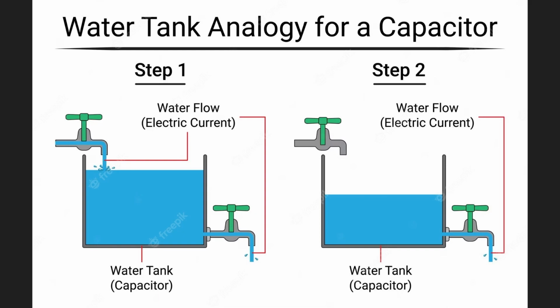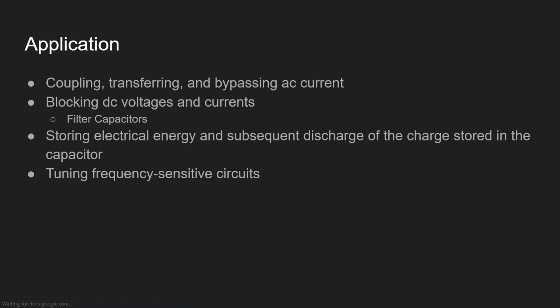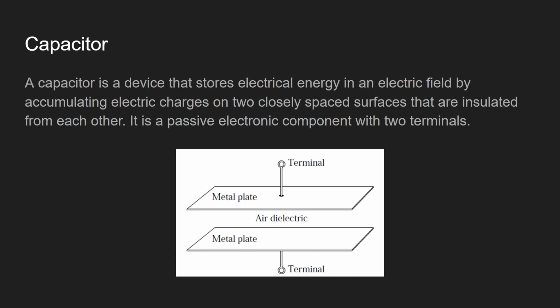We can't take energy out. That's why we say it blocks the DC voltage. You see that if we connect a battery to it, inside it is insulated, right? There are no conducting pieces between these metal plates, so it will not conduct electricity. The current will be blocked.